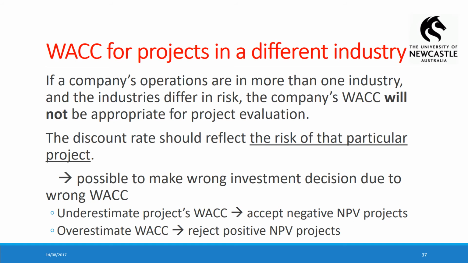With the first case, if the project is riskier than the overall company, we might accept negative NPV projects, whereas for projects that are less risky than the company, we might reject positive NPV projects, right? We're going to see an illustration of this situation on the next slide.